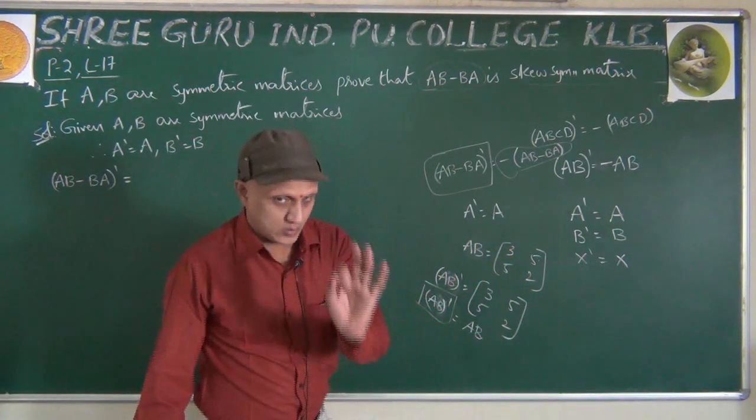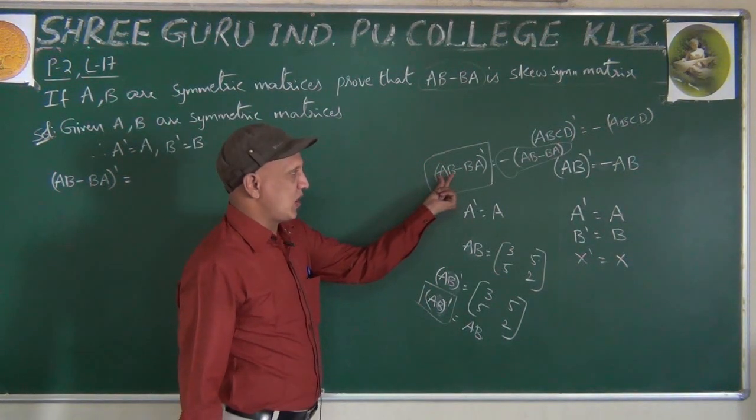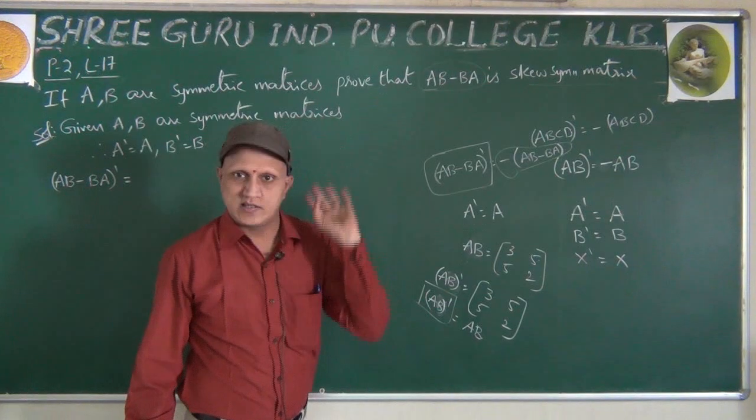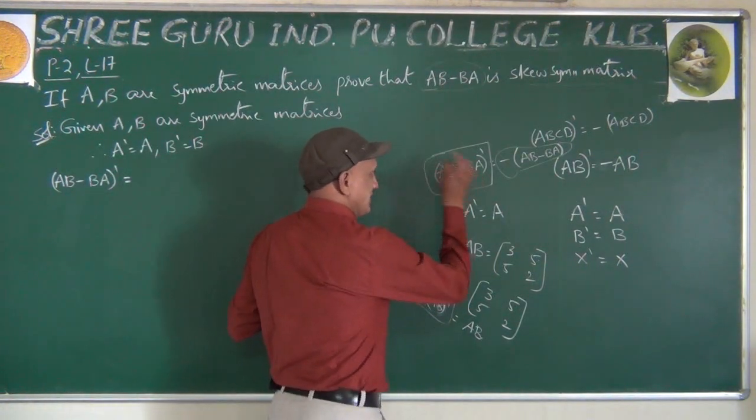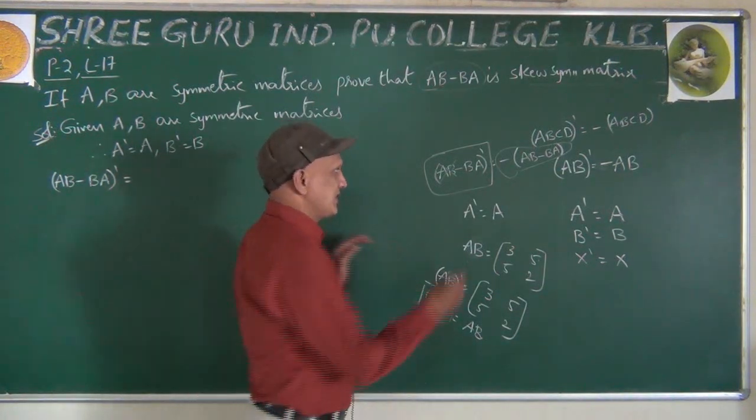Just some time back I told that A is one matrix, B is one matrix, product of these two also one matrix. So consider it as X, just for understanding purpose.